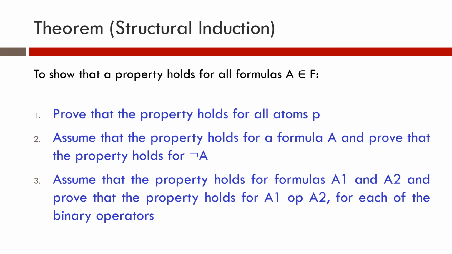The second theorem states that assume that the property holds for a formula A, and then we prove that the property holds for negation A. And the third says that assume that the property holds for formulas A1 and A2, prove that the property holds for A1 op A2, where op is the binary operators available in propositional logic. So for each of the binary operators, we need to prove that the property holds for A1 op A2.